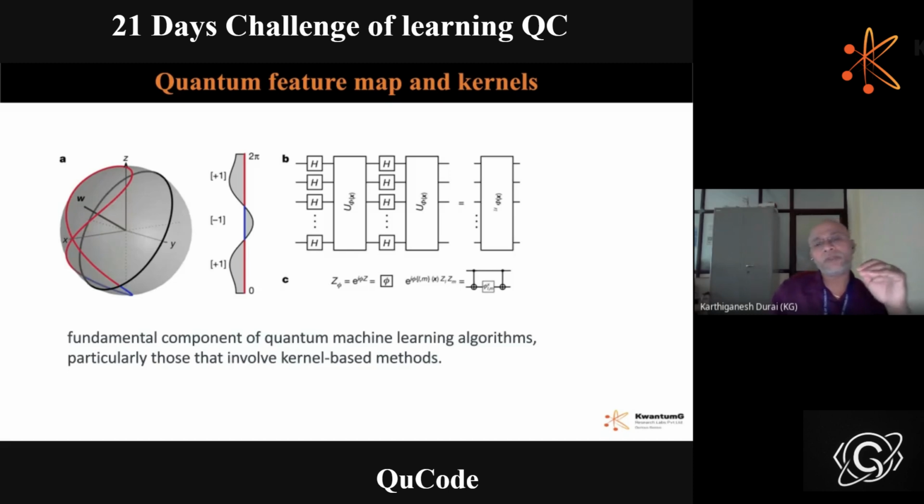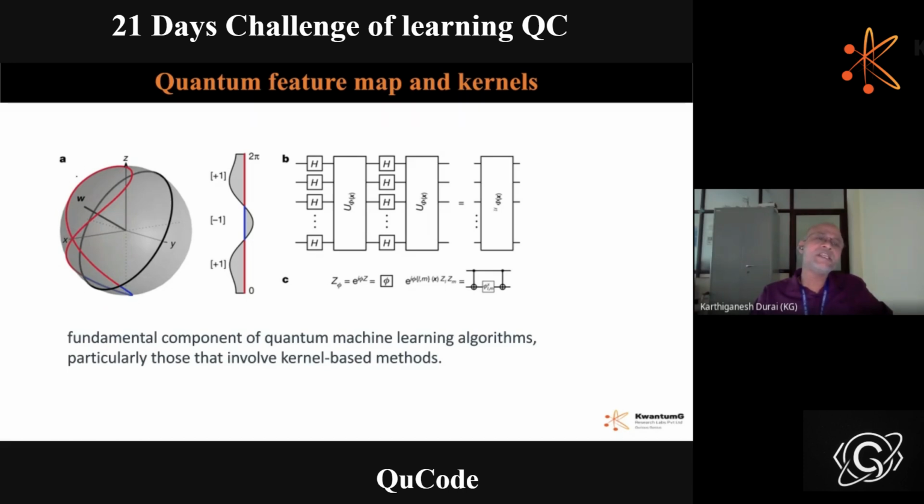But in quantum, it is the Hilbert space where the values are mapped by the feature map, and it is a non-Euclidean space. In a non-Euclidean space, even if you put a linear line or linear approach, internally it will be mapped to a non-linear approach. Hope you can recall the foundation of non-Euclidean space. Correct? That is why even though I am drawing a linear line from 0 to 2 pi, that will form a non-linear classifier like this.